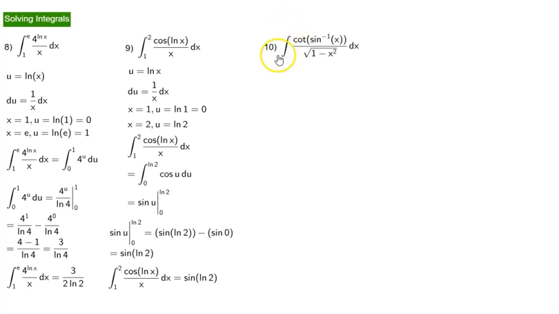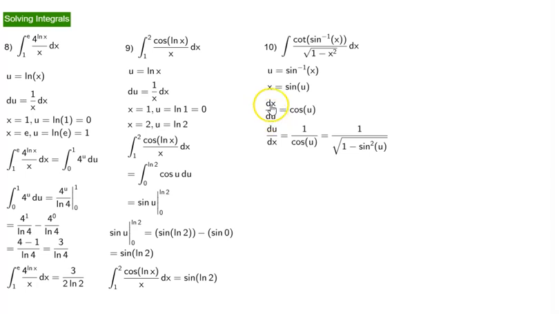Okay, 10th one. Integral of cot of sine inverse of x divided by square root of 1 minus x square dx. Now here we take u is equal to sine inverse of x, which means x is equal to sine u. Differentiating it with respect to u, we get dx by du is equal to cos u. We had dx by du.